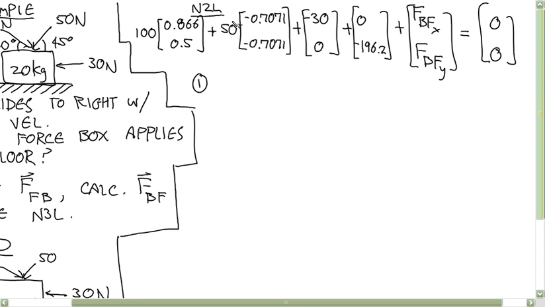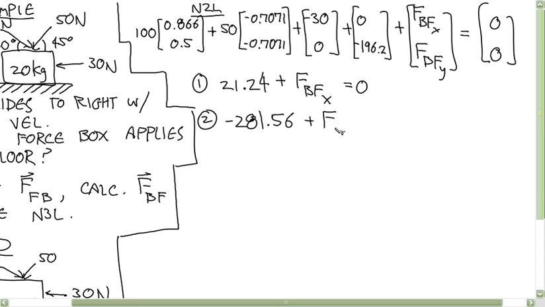If you add up all these numbers, you get 21.24 plus F_BF_x equals 0, and negative 281.56 plus F_BF_y equals 0.